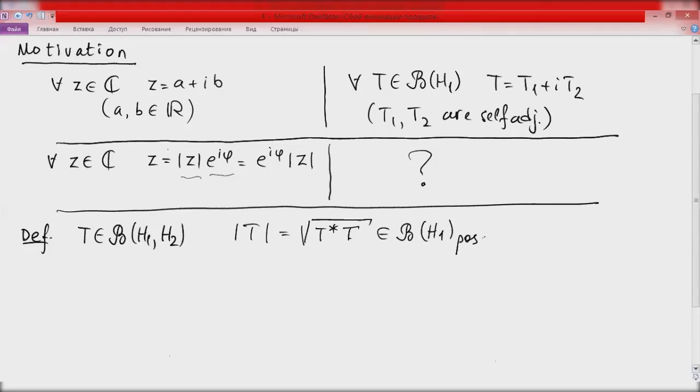Actually, at the previous lecture, we defined the modulus of any element in any C star algebra. So this is just an operator analog. And let's also recall that this definition is consistent with the functional calculus. Namely, if T is a self-adjoint operator on a Hilbert space, then the modulus of T is nothing but the function modulus applied to our operator.